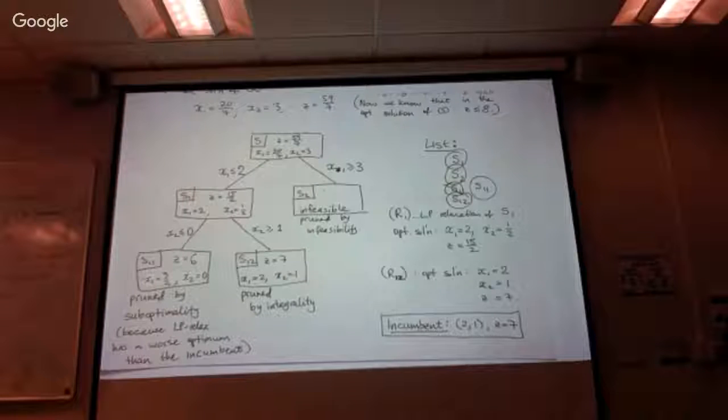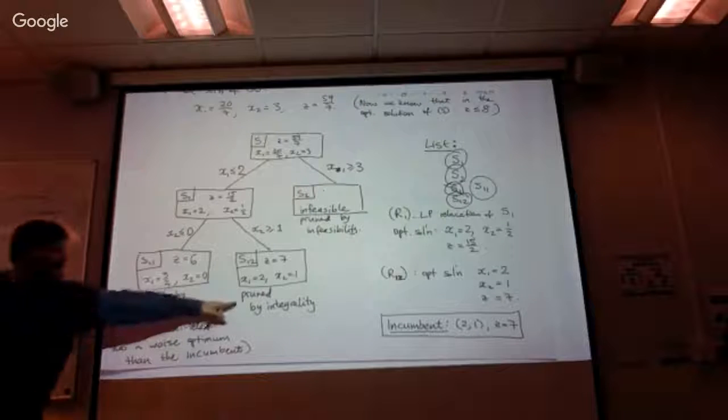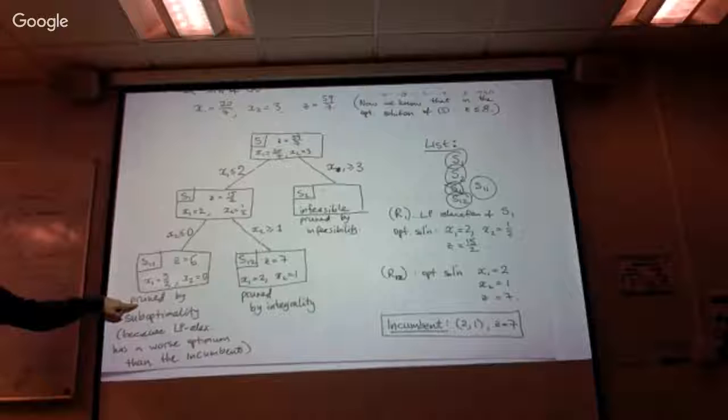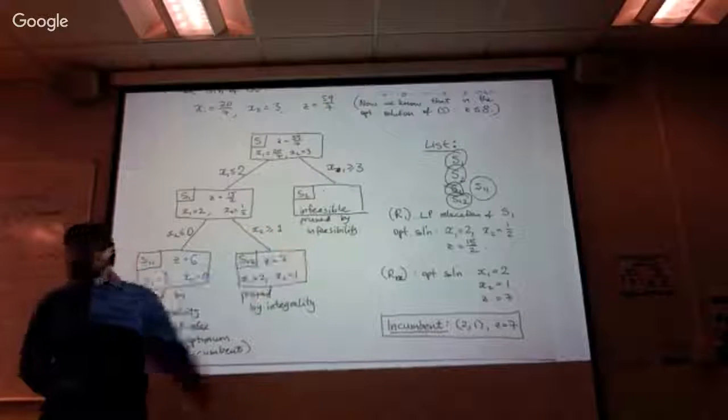Okay, so the main ideas: branching, solving LP relaxations, and then pruning, and you can prune for one of three reasons. You find an integer solution, the LP relaxation is too bad, or it's infeasible.